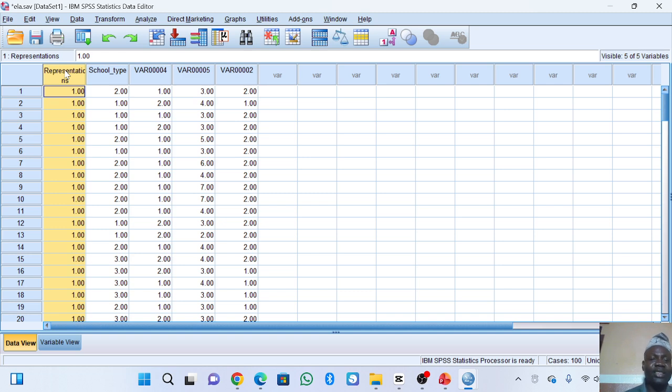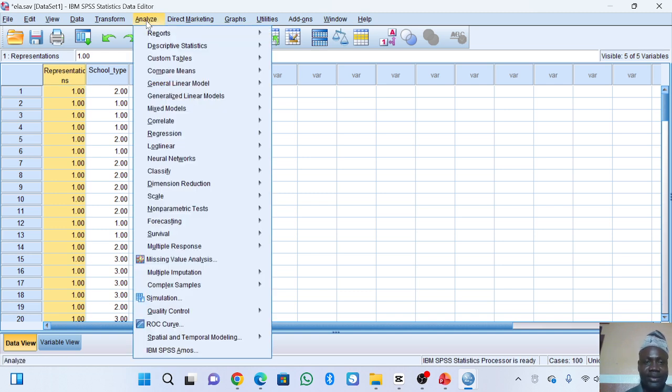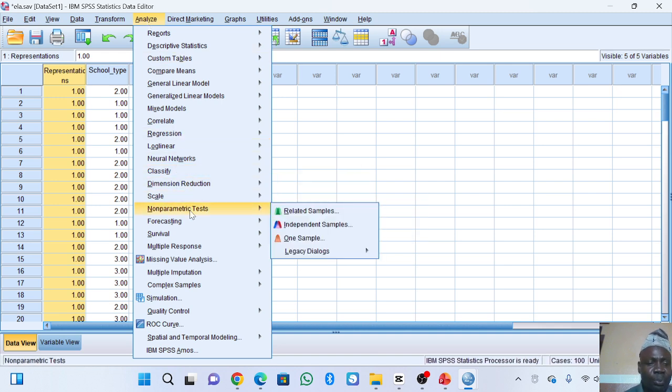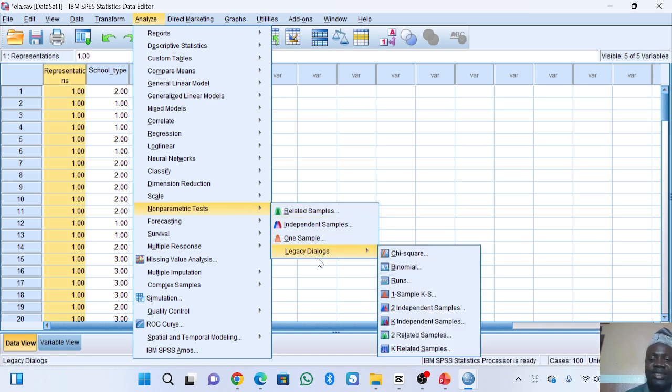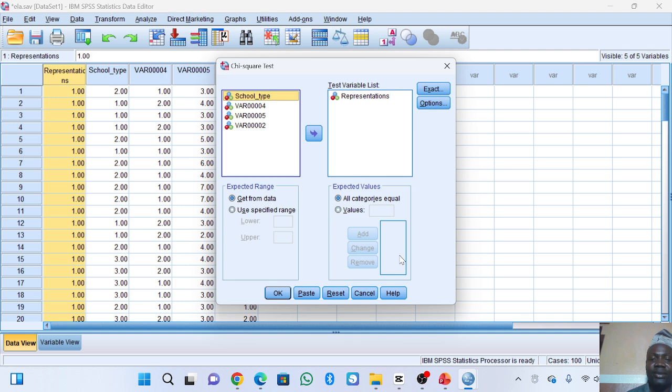So the first thing is we want to run a goodness of fit chi-square analysis. You go to Analyze, and you will see Nonparametric Tests. Under the nonparametric tests, you go to Legacy Dialogs, and under Legacy Dialogs, you select Chi-Square. Going back, we have representations, which is in 5 categories.